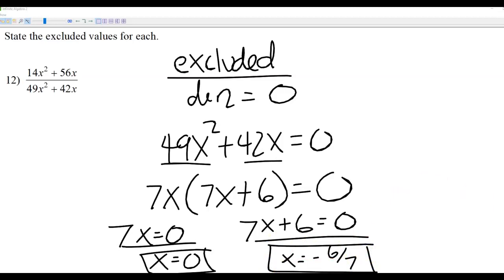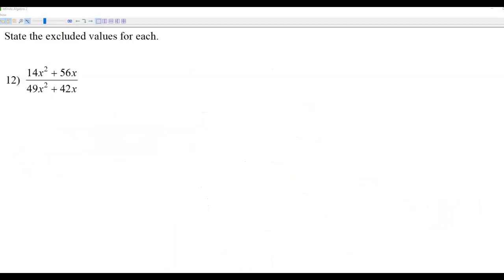So these are the two excluded values. In other words, these are two values of x that you're not allowed to plug in for x. Because if you did, it would make the denominator equal 0, which isn't allowed. So these are what we call the excluded values. So basically, set the denominator equal to 0, factor, and solve.